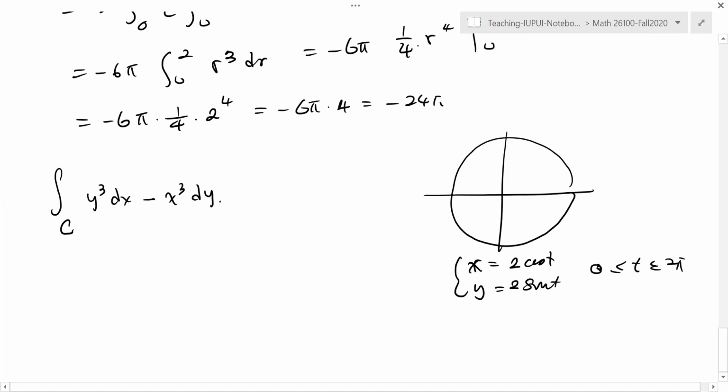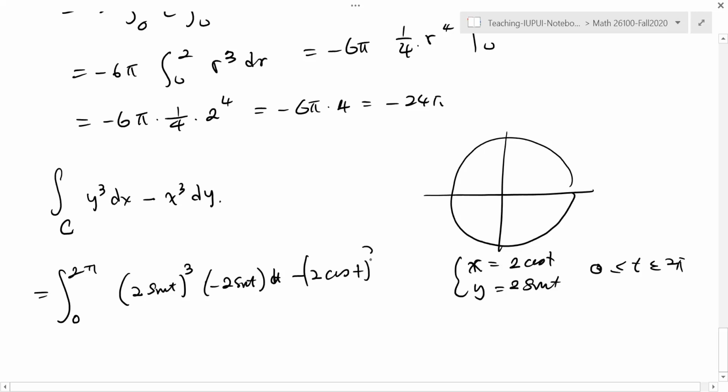So you plug into this integral from 0 to 2 pi. y is going to be 2 sine t cubed, right? And dx is going to be negative 2 sine t dt. The second one is 2 cosine t cubed, and dy is 2 cosine t dt.